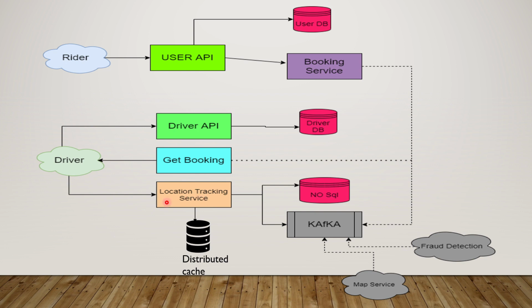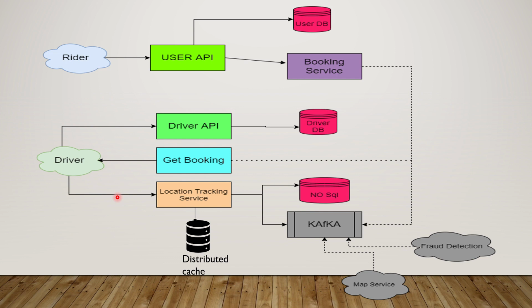So for this particular service, I felt that it should send the details into multiple places. I thought that it should send the detail into a NoSQL database so that I can store and persist this data. And this data will be huge because all the drivers will be sending requests very frequently.